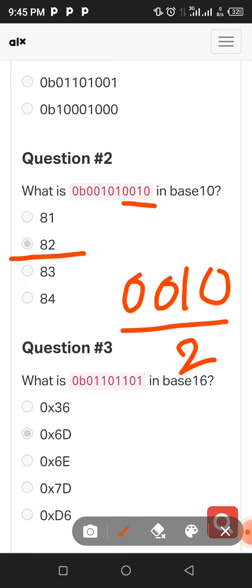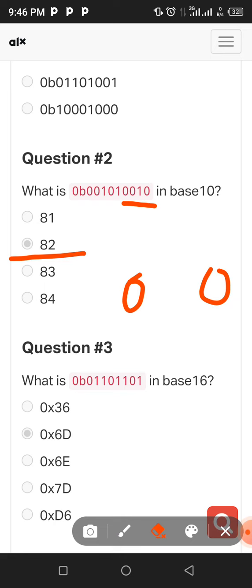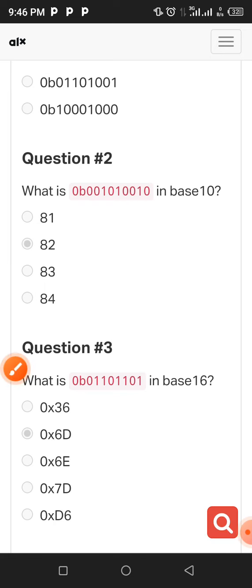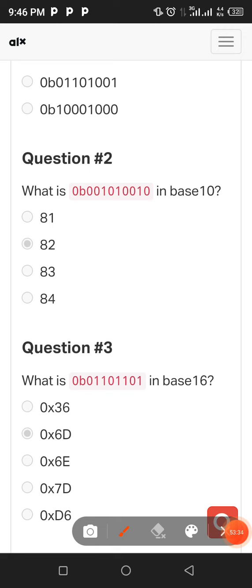The next one we have here is this number starting from here. Oh, I have not put on my pen tool. Okay, starting from here to there, which we have 0, 1, 0, 1, like that.